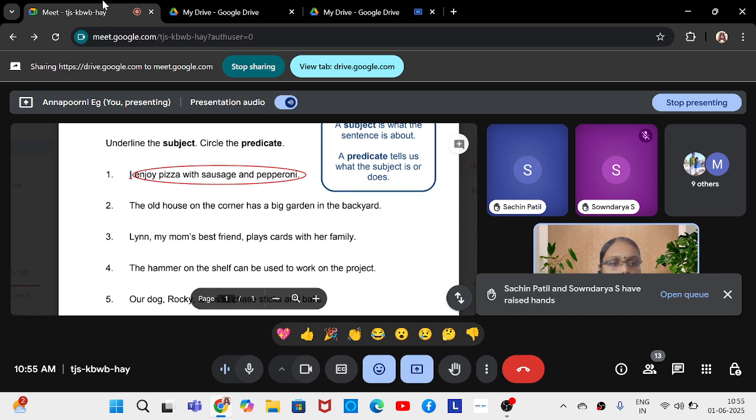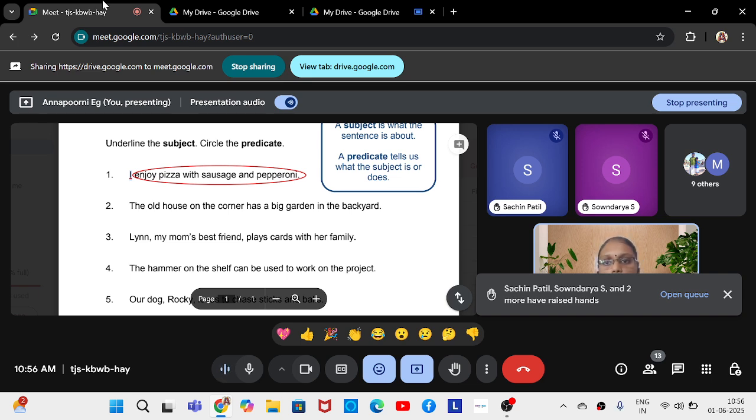Okay, what about Soundarya? Ma'am, the subject is the old house. The predicate is on the corner has a big garden in the backyard. It's not completely right. Sachin, do you want to try? Actually, your voice is not clear, Sachin. That's why I'm not able to hear you.